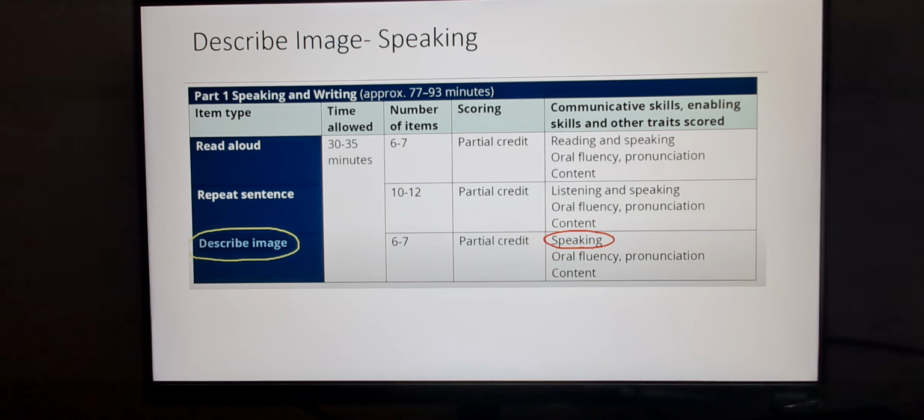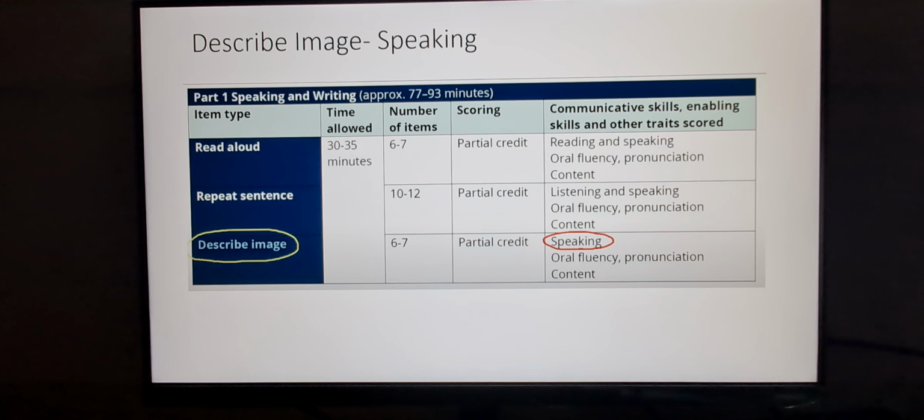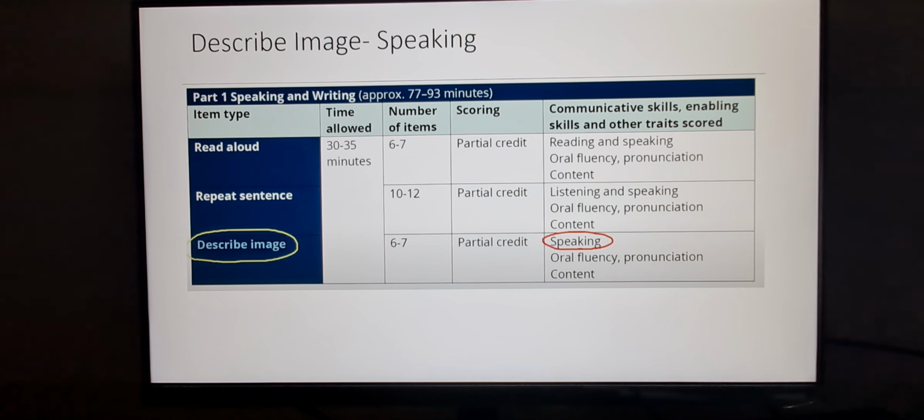Coming to describe image, the describe image section is in your speaking module. It solely contributes to the speaking module, not to listening, reading, or writing. Whatever you do in speaking will only affect your speaking score. As we all know, the main criteria in speaking are number one fluency, number two pronunciation, and number three content.